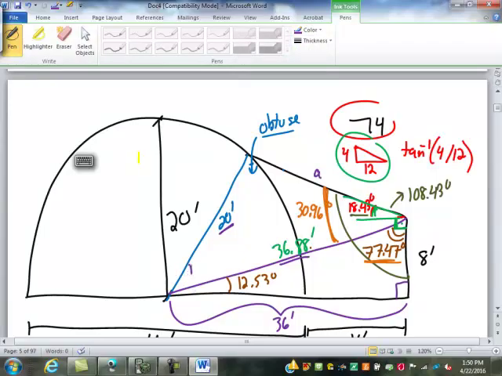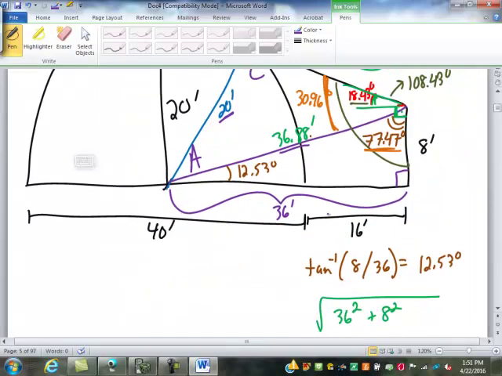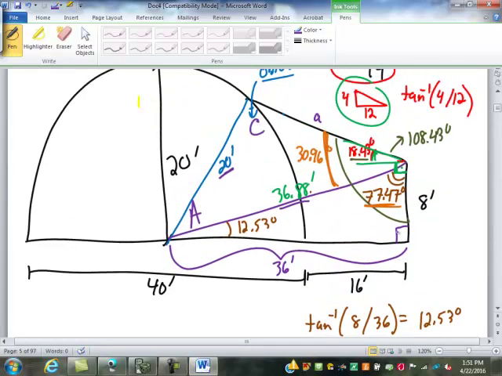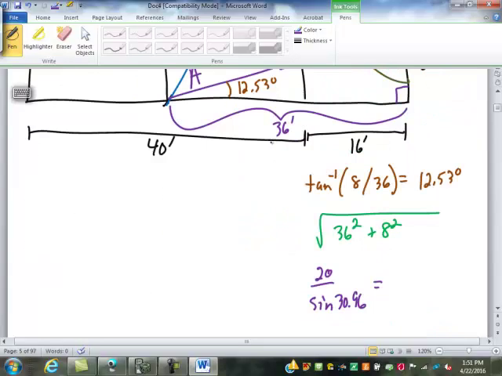I'm going to call this angle big A. I'll call this angle here big C. I know that 20 over the sine of 30.96 is going to equal, let's go for angle C up here next, 36.88, that's the only one I can because the 36.88 is the only information I have, other than the 20 and the 30.96. So I've got to use the 36.88, and that'll be over the sine of angle C.